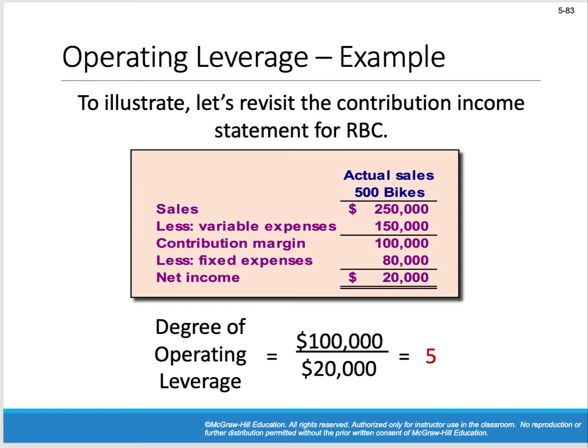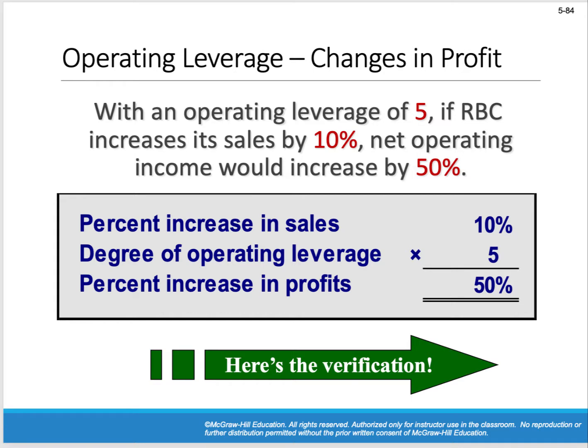Okay? Right off the bat, that really means nothing to us. But we see how to calculate it. Contribution margin of 100,000 divided by 20,000 gives us 5. We're not done yet, right? What we need to do is see how that operating leverage of 5 affects RBC's bottom line when sales change, okay?